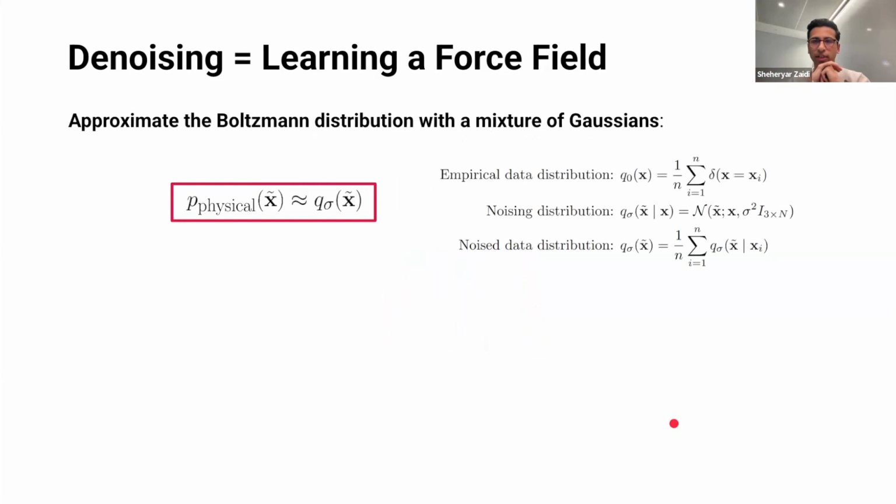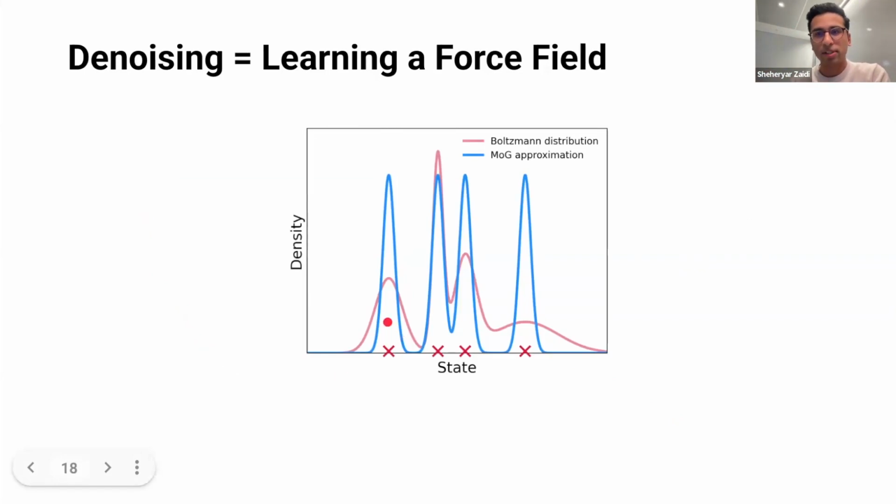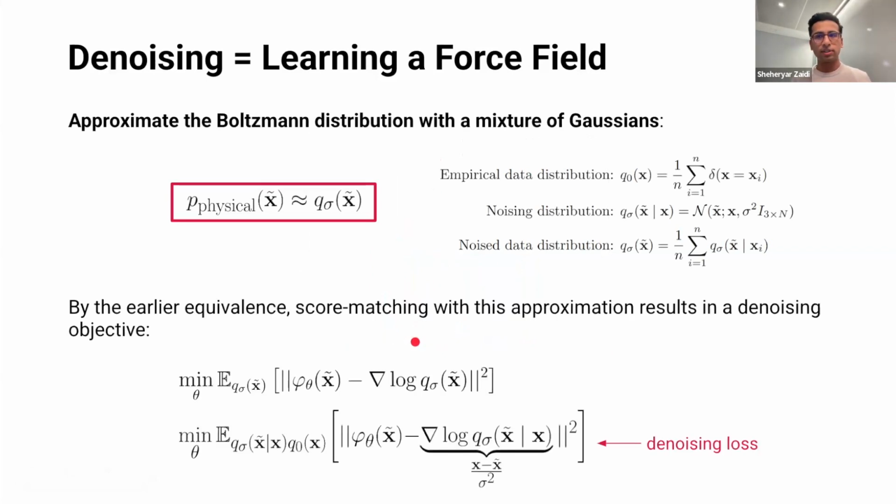Yeah, so I'll move on now. The long story short of what I said is that if you approximate this red thing with the blue thing, then you're able to apply the earlier result of Vincent in 2011 and realize that learning the score function of the Boltzmann distribution is the same as denoising.